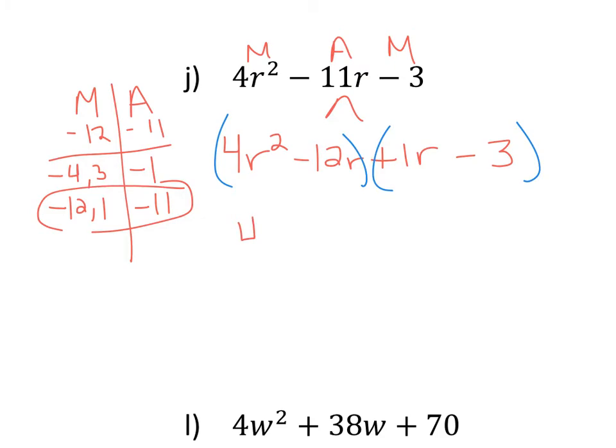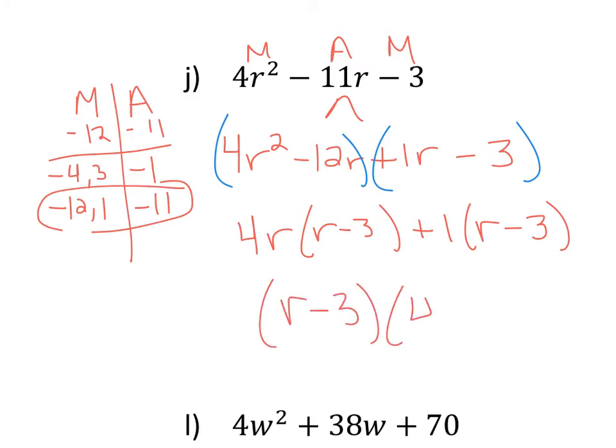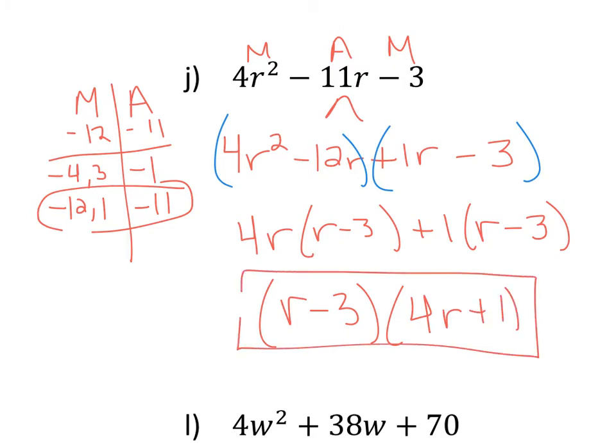I can pull out a 4r from the first grouping, and I'm left with r minus 3. And I already have r minus 3, but I'm going to pull out that positive 1 so I remember to put it in my answer. And I have r minus 3. So r minus 3 is the common binomial, and then the leftovers are 4r plus 1.